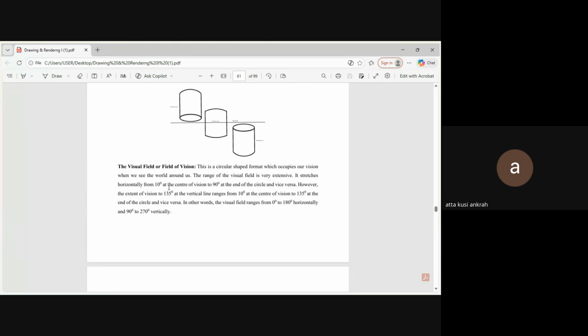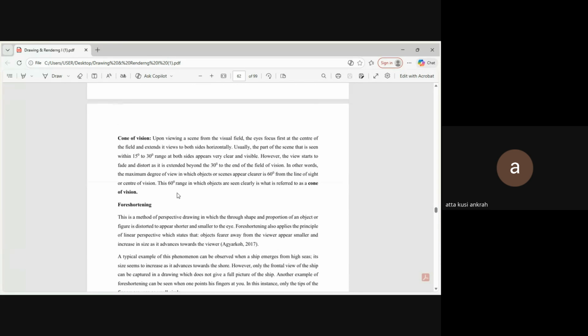This is what we are talking about: the degrees where the person is looking at the object from is what we are discussing in the visual field or field of vision. Definitely the extreme left, getting to the corner, is going to see something that is different from that person sitting in the middle or close to the middle. So that is what we call the visual field or field of vision.